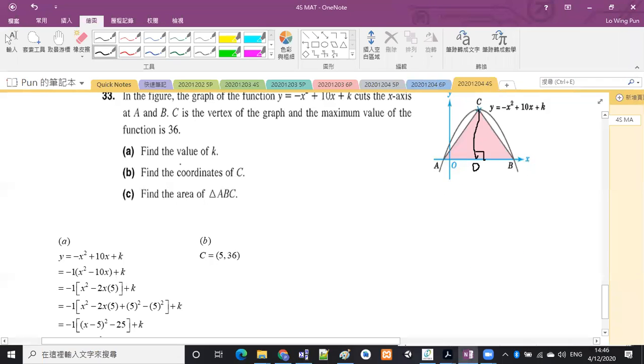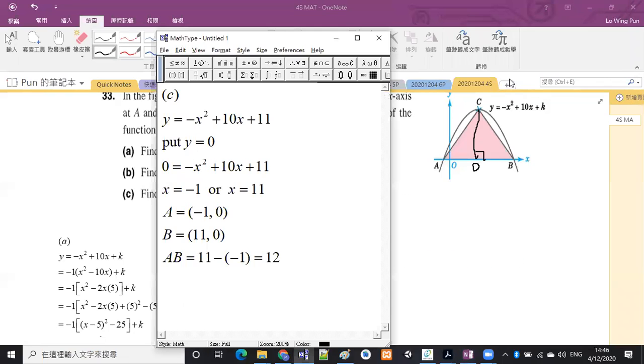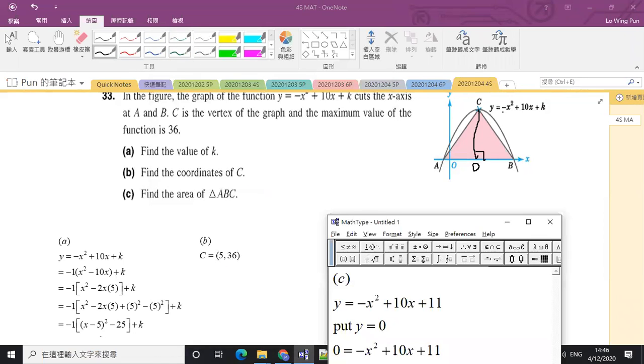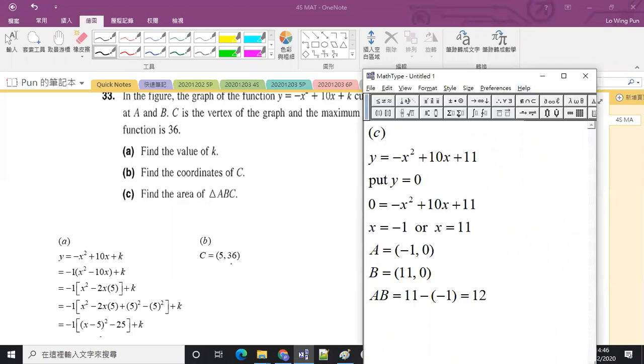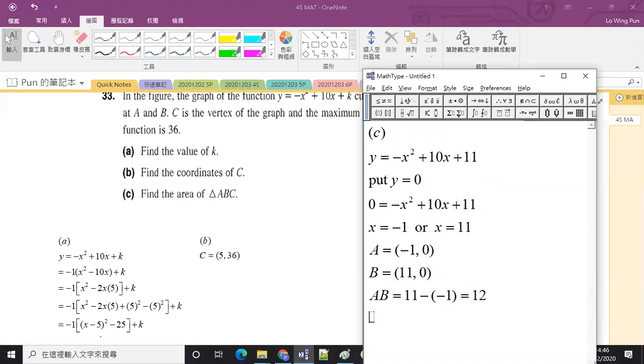And then the height, CD. Actually, we do not need to find D, because we have already found the coordinates of point C. The coordinates of point C will be 5, 36.